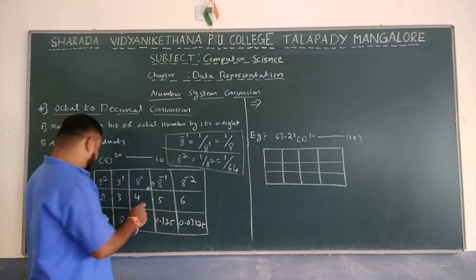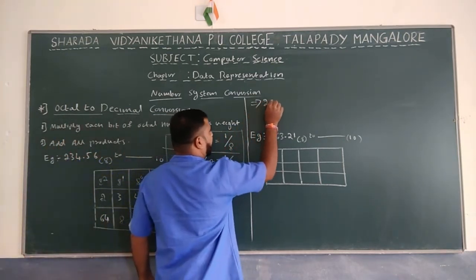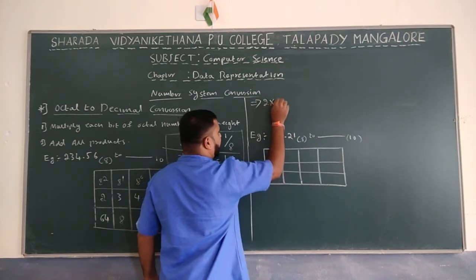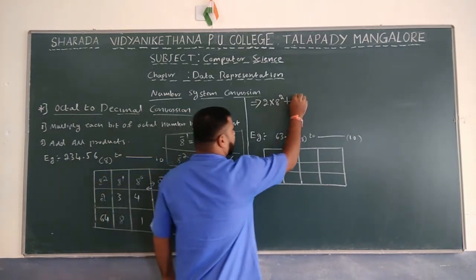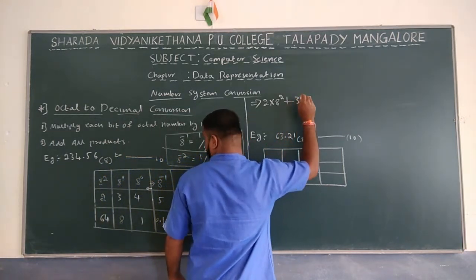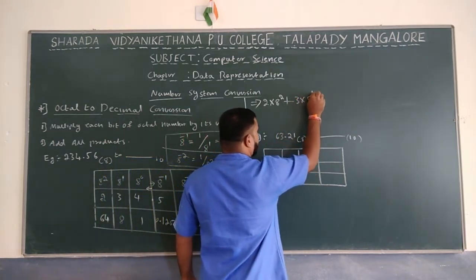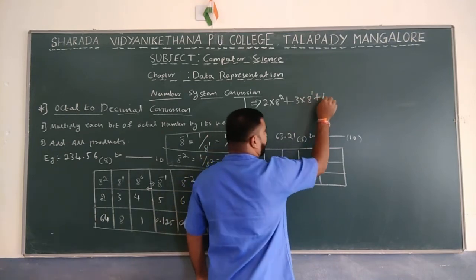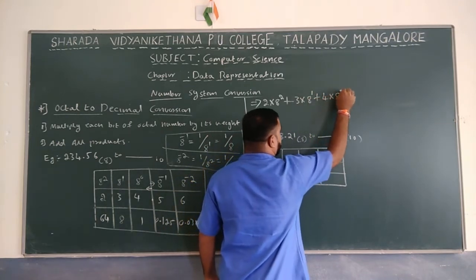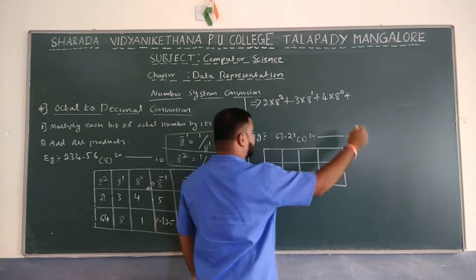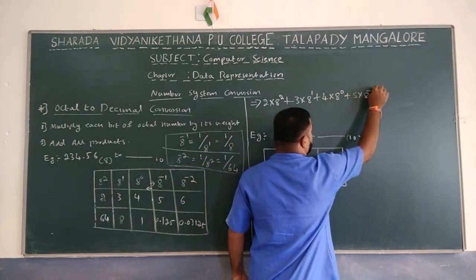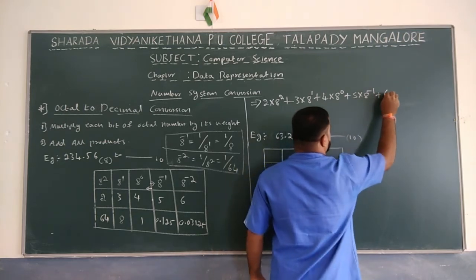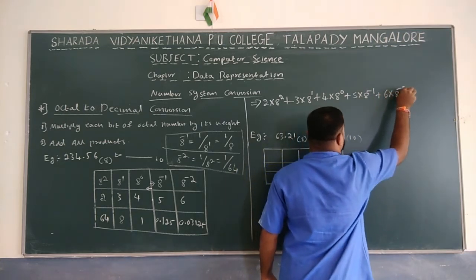So 2 into 8 to the power 2 plus 3 into 8 to the power 1 plus 4 into 8 to the power 0 plus 5 into 8 to the power minus 1 plus 6 into 8 to the power minus 2.